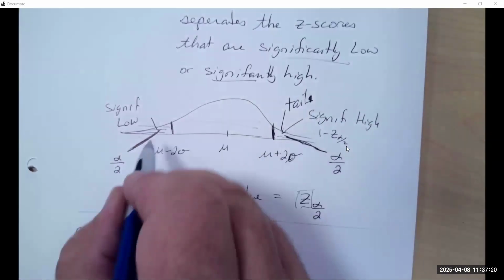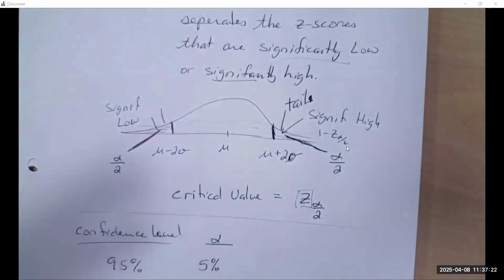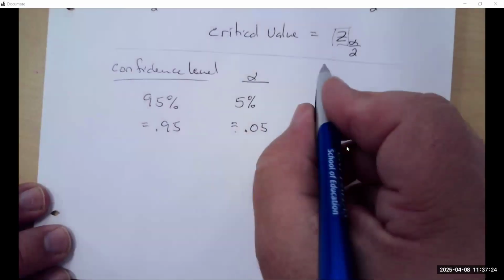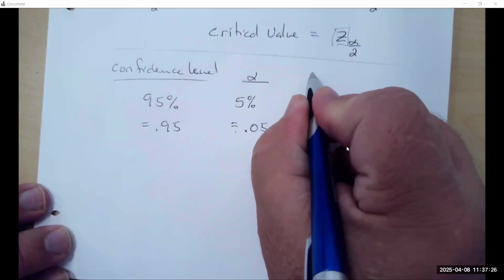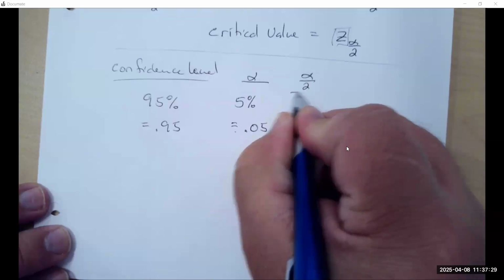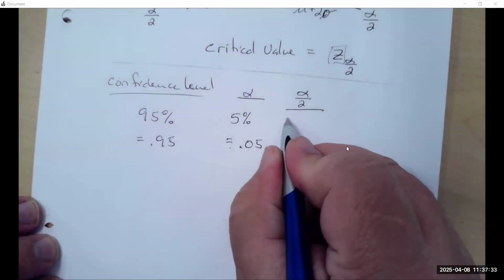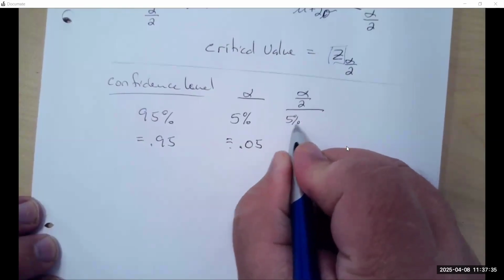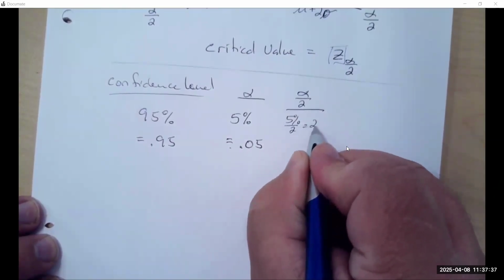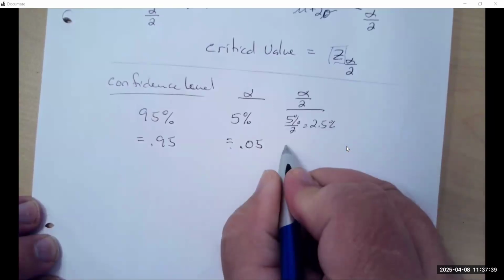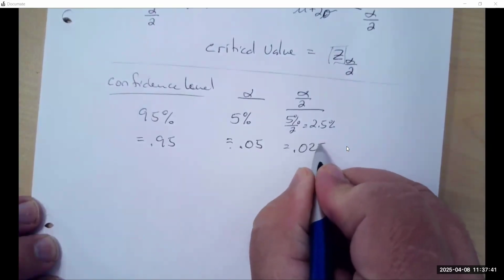This is the right tail, and that's the left tail. That's why it's called a two-tailed test. So when we have a two-tailed test, we have to take our alpha and divide it by 2. So 5% divided by 2 is 2.5%, which is 0.025.